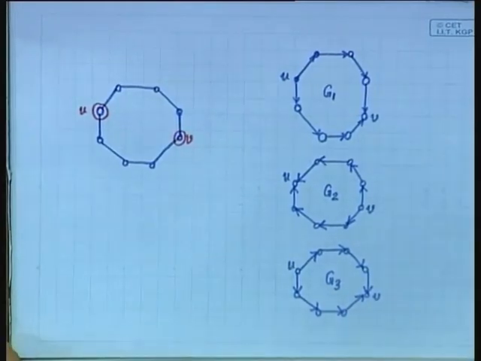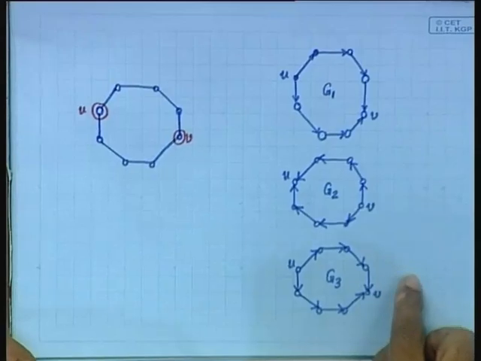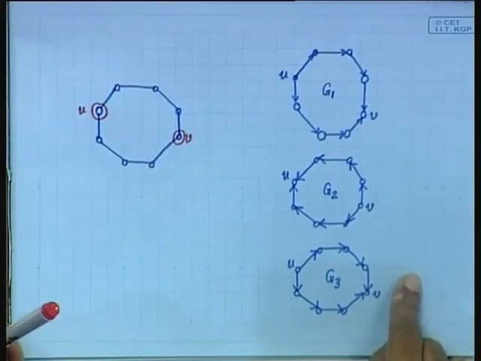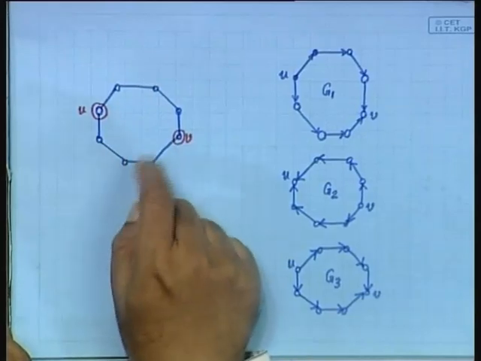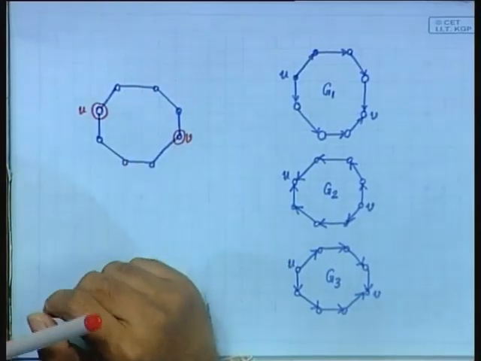Now, we claim that this is an acyclic orientation cover for the routing paths in this network.